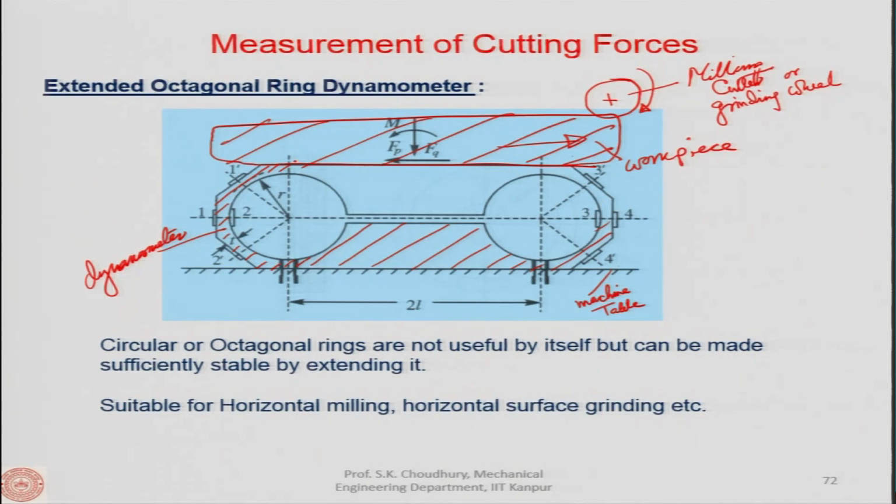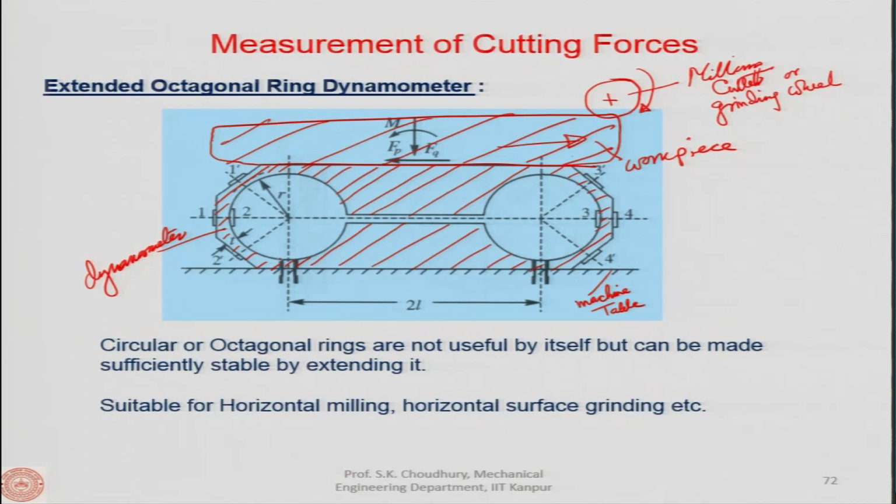I am sectioning that, and this is a hole, nothing is there. As you can see, by making this slot and connecting these holes, we are actually giving more flexibility to the dynamometer. These are all metallic.